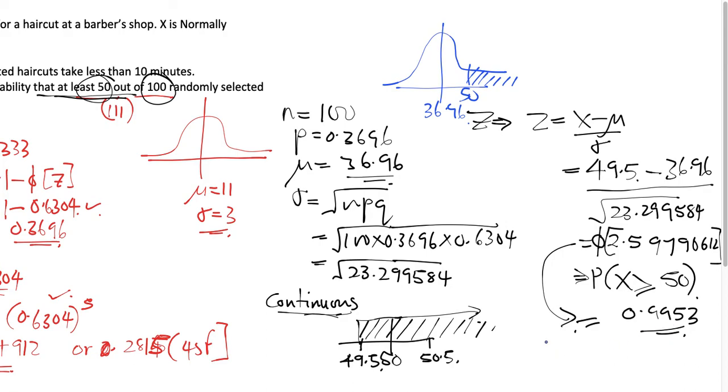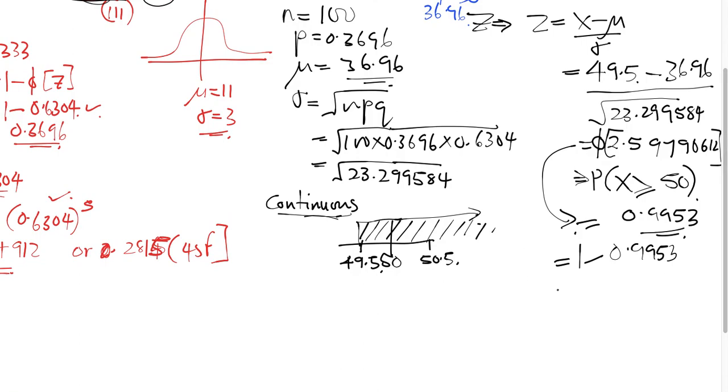Therefore 0.9953 is not the answer. So I have to do 1 minus 0.9953, and therefore the answer is 0.0047. So the probability for X greater than or equal to 50, using approximation, is 0.0047.